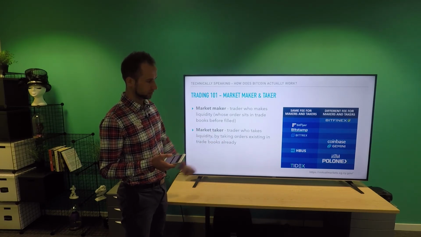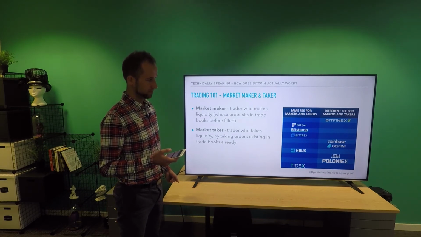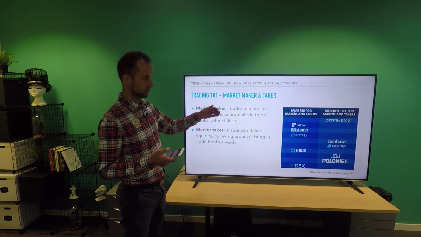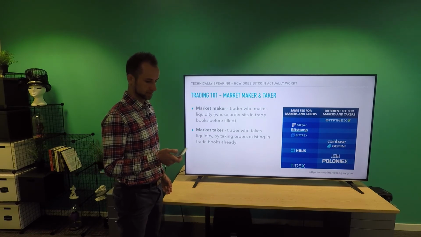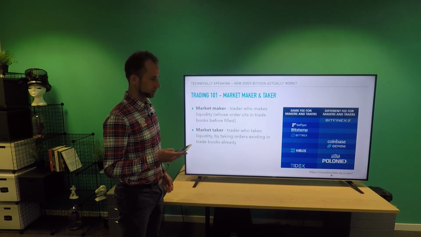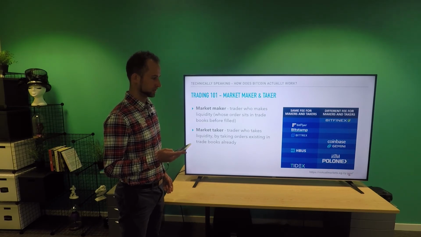And that table just provides a few examples of exchanges that have the same fees for makers and takers, or that have different fees for makers and takers. And by the way, this website over there, if you are not sure which trading platform to choose, you should definitely go and check out this report because it's very insightful about quite a few exchanges.